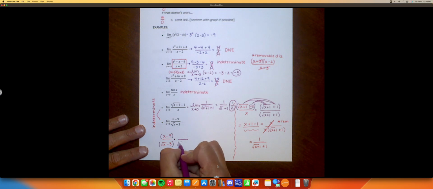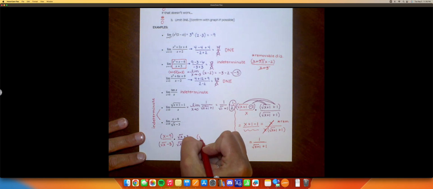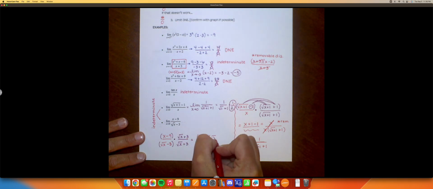I'm going to multiply by the conjugate of the bottom: square root of x plus 3, over square root of x plus 3. On the top, because these two are not conjugates of each other, I'm not going to bother multiplying them. I'm just going to write x minus 9 times square root of x plus 3.